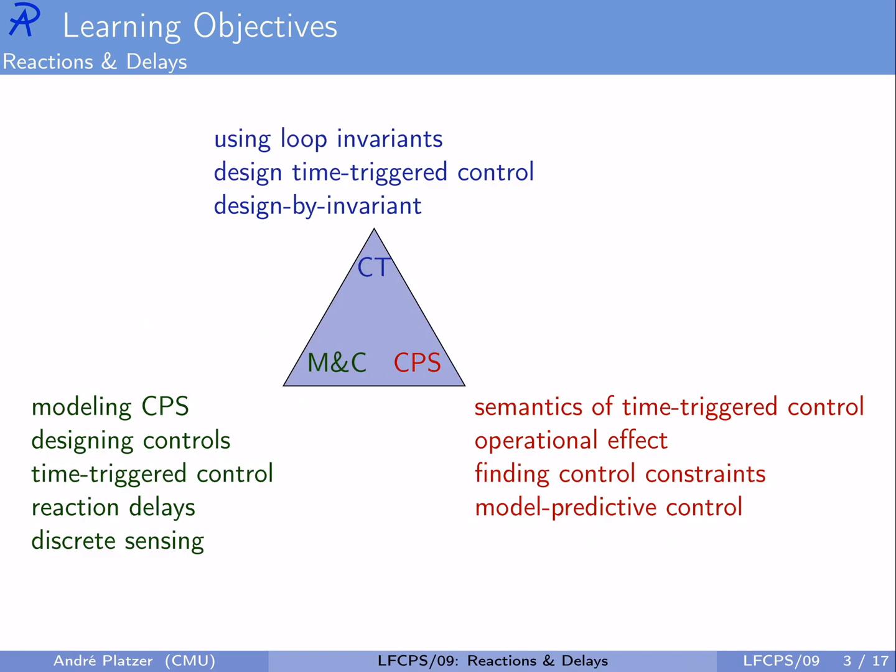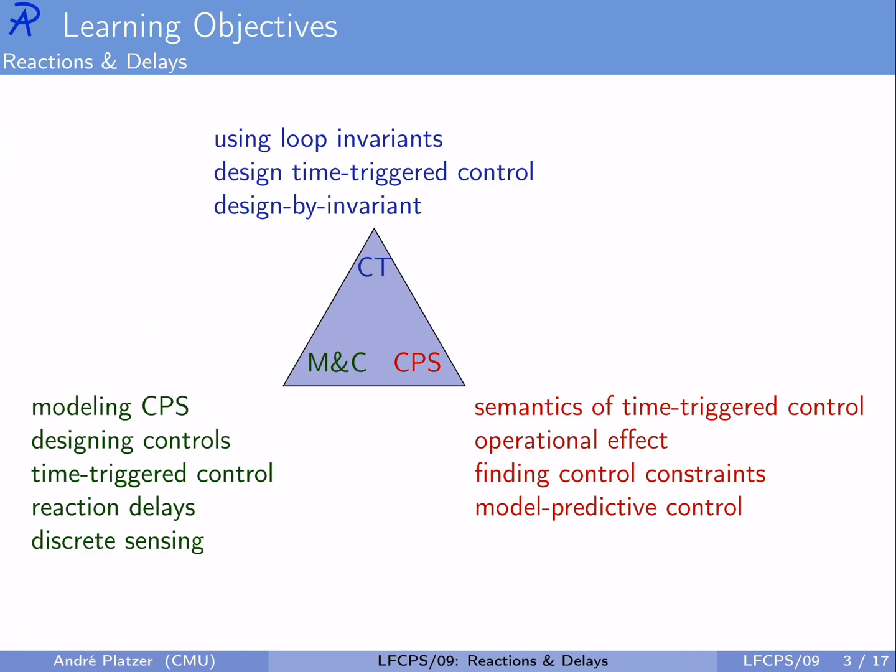On the computational thinking side, we will be using loop invariants to guide our thinking quite centrally, and we'll understand how to design time-triggered control systems and a very important principle of how to design by invariant. So we will be leveraging the invariants in the design of the system, which is taking us a long way in the correct by construction principles.